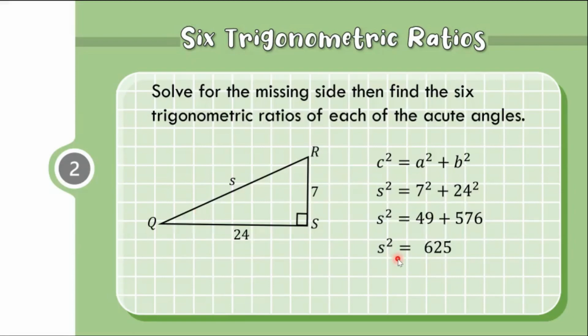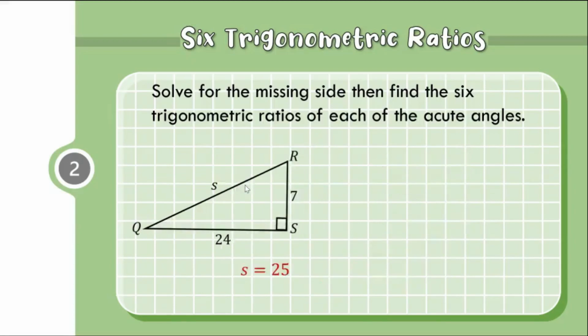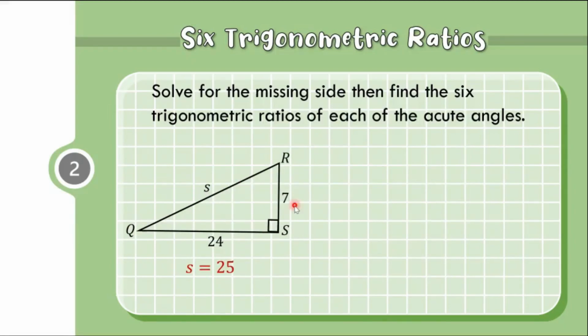So for us to get the length of s here, let us take the square root of both sides of our equation. The square root of s squared is equal to the square root of 625, which will give us s is equal to 25. Therefore, the length of side QR here is equal to 25. So let us use that knowledge to answer the following.